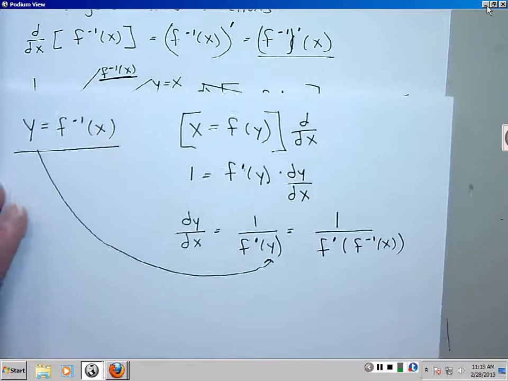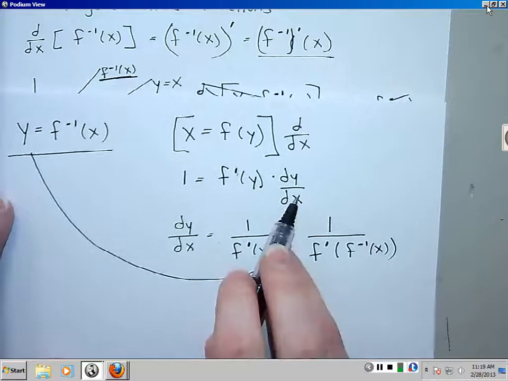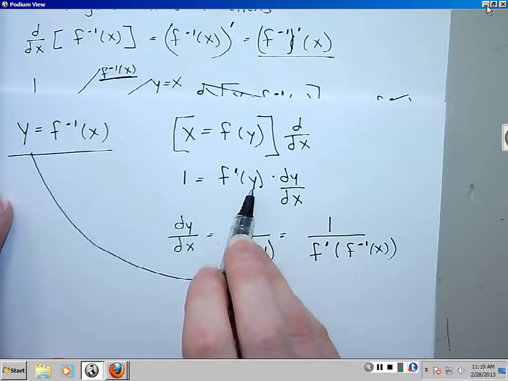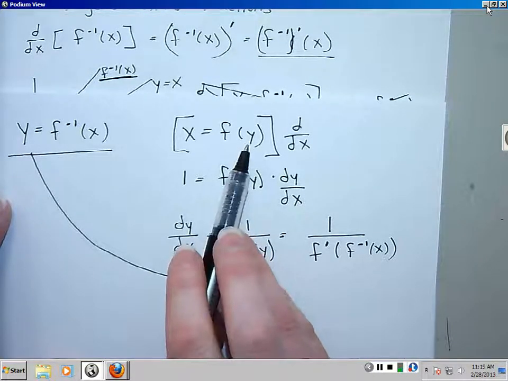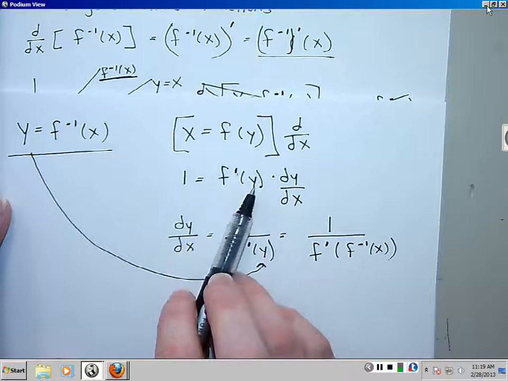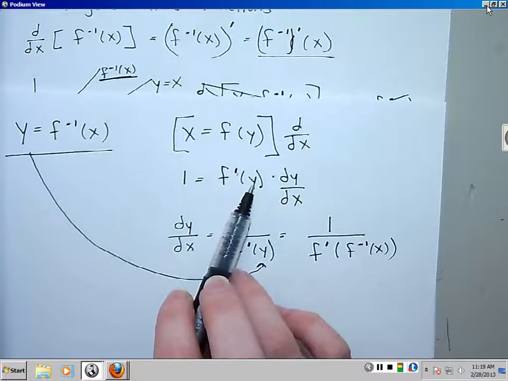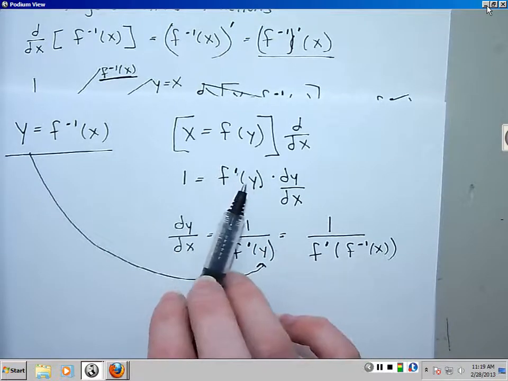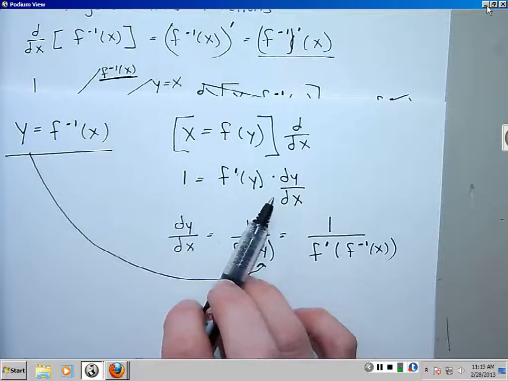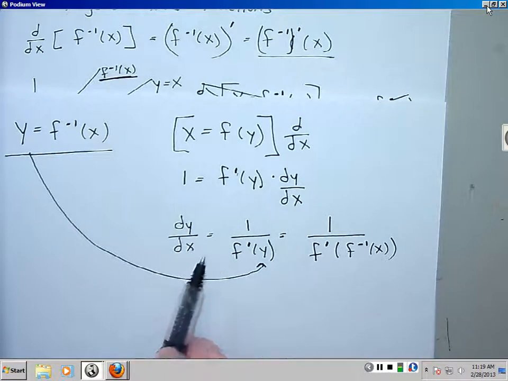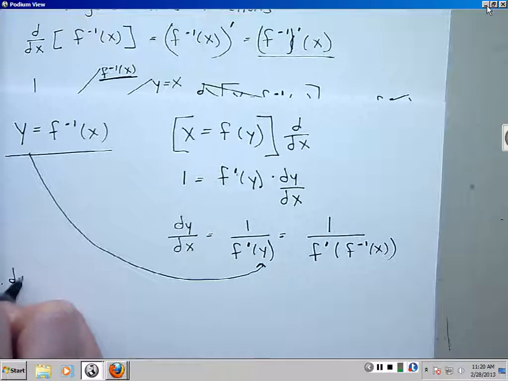Here, because that's the derivative of the inside. This is some function of y. If I differentiate it, I differentiate the outside, but I evaluate it at y, times the derivative of y. Does that make sense? So then I get dy/dx.